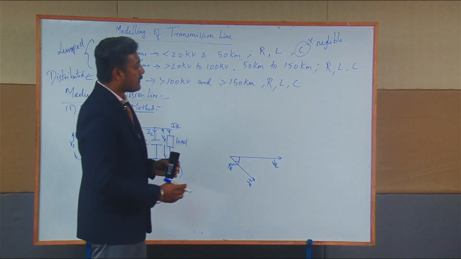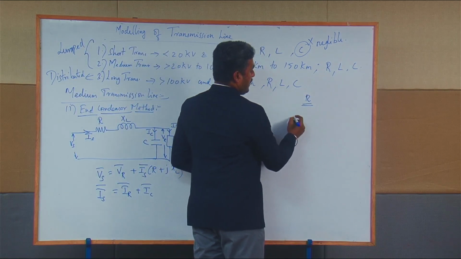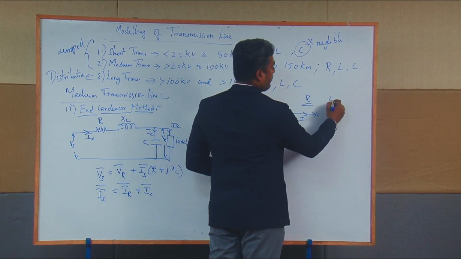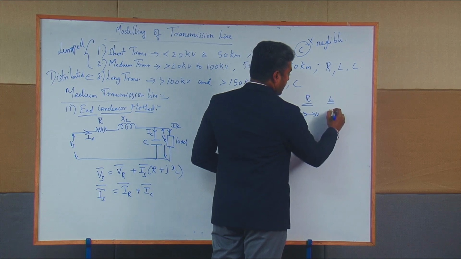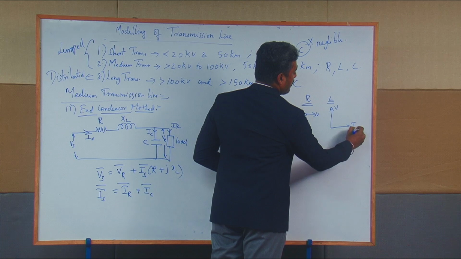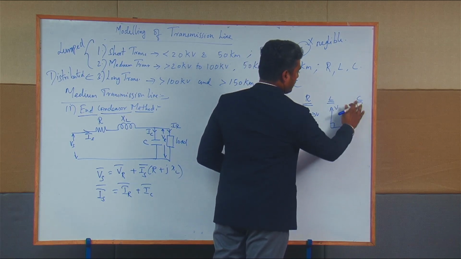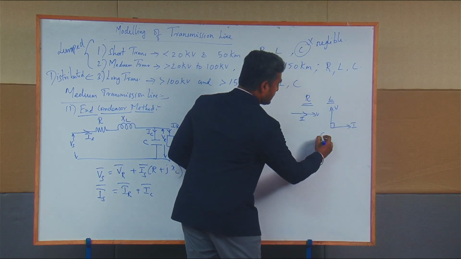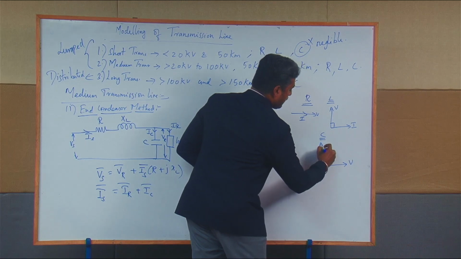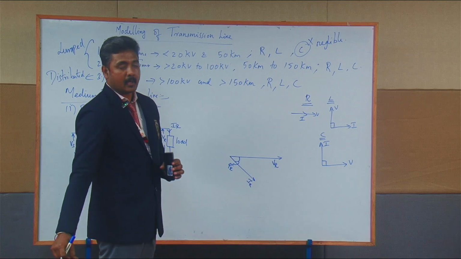We all know that for a resistance, current and voltage will be in phase, and for an inductor, current lags the voltage by 90 degrees, and for a capacitance, current leads the voltage by 90 degrees.